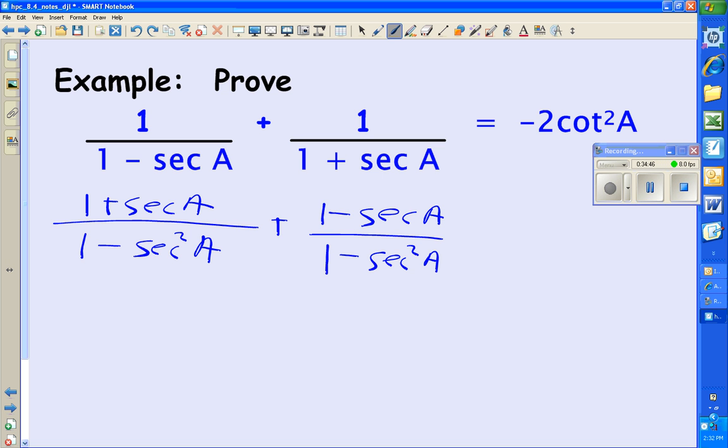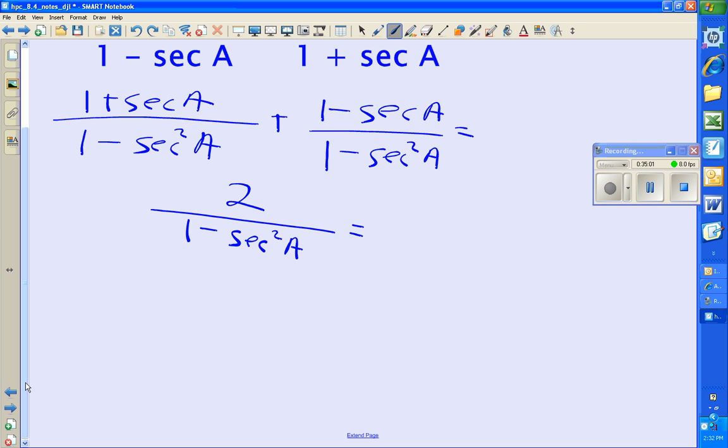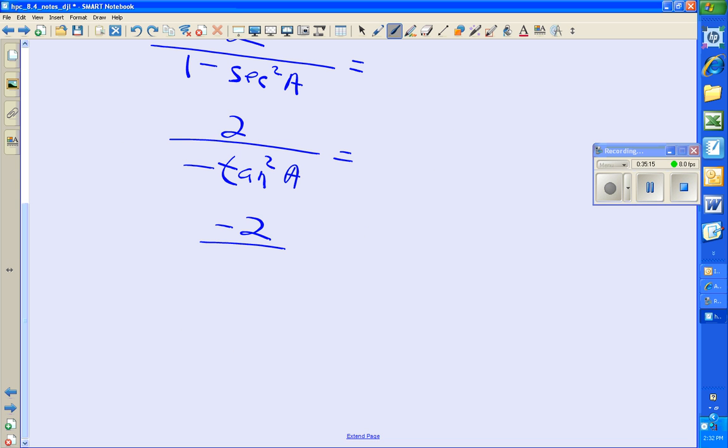When you add the tops, you get 2 over 1 minus secant squared A. 1 minus secant squared A is negative tan squared A. And this can be simplified, if you want, to negative 2 over tan squared A. 1 with tan squared A on the bottom, that's 1 over tan squared A. That's the same as cotangent squared.